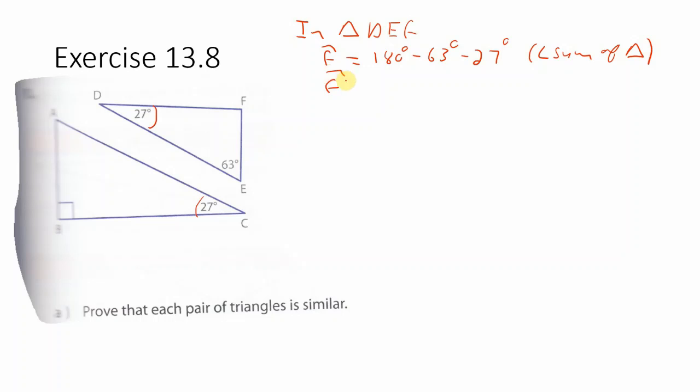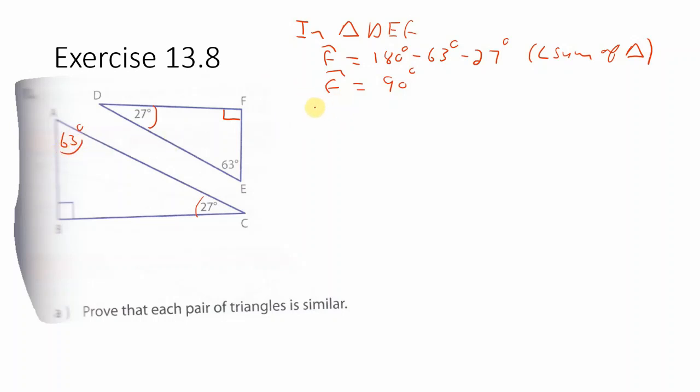And then we will find that F is, let's just see, 60 and 20 is 80 plus 10 is 90, F is 90 degrees. And now here we already have in triangle ABC a 90 degree and the 27 degree, so therefore we know A will have to be 63 degrees.